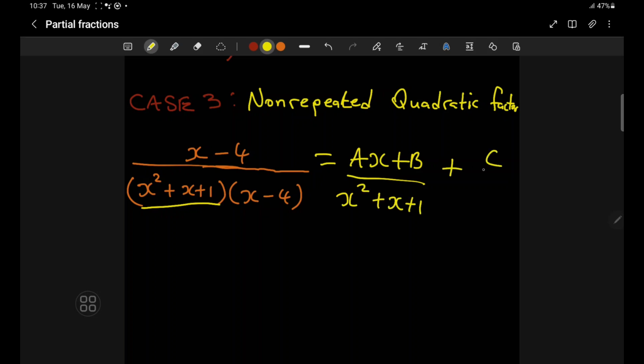Then we'll have plus c over x minus 4, for this other factor. So take note of how we've written our decomposition for the quadratic. It takes this form: ax plus b over the same quadratic. But for the other expression, we'll just maintain one single variable, which is c over x minus 4. Let's look at an example of such an expression.